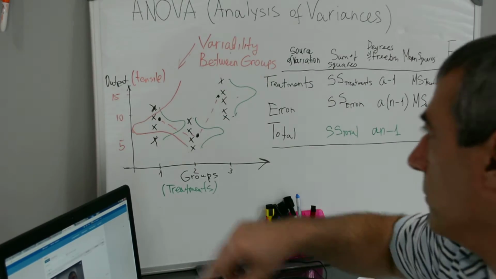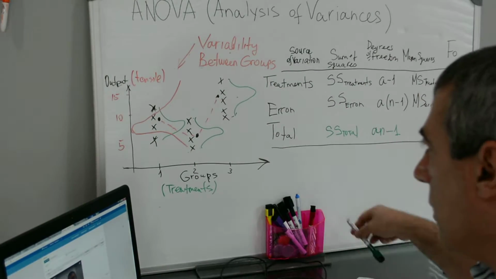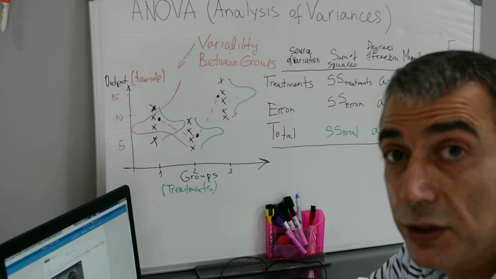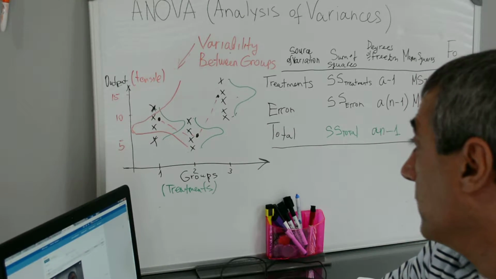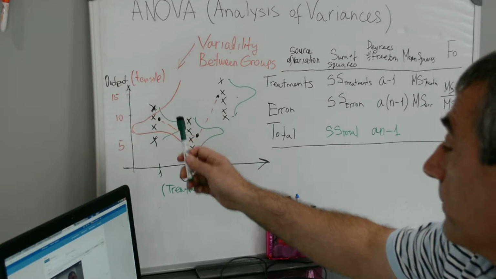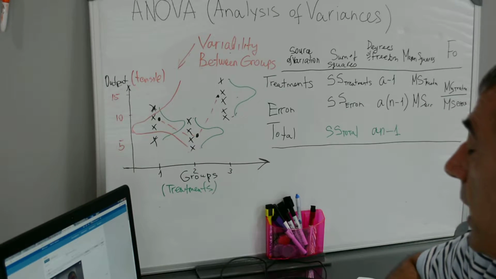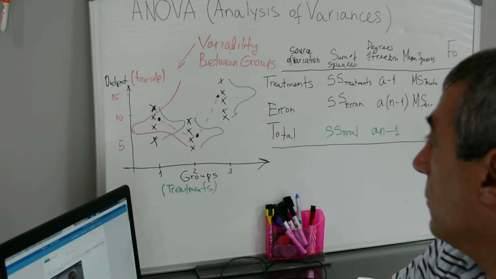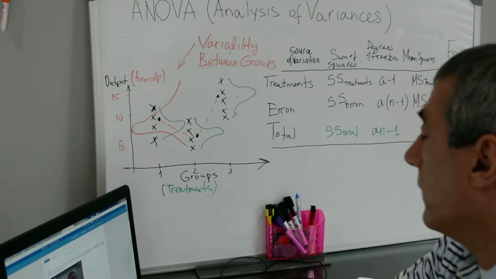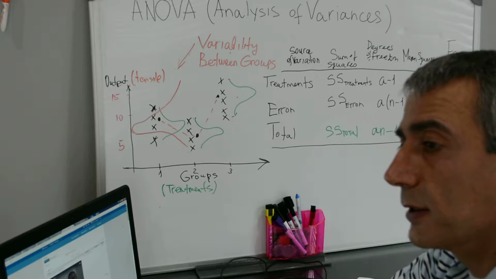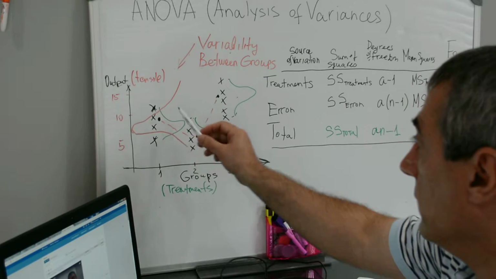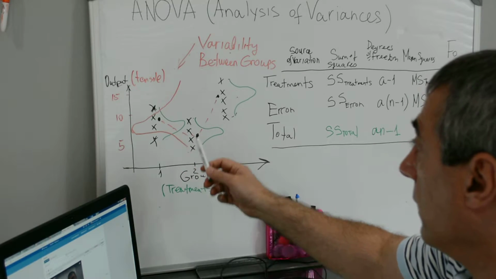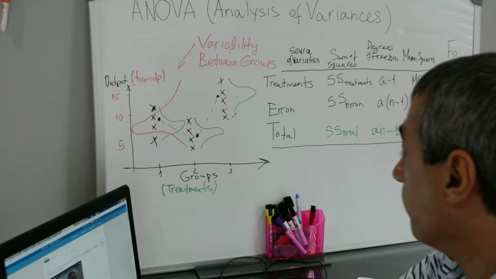On the graph you see the values of three groups, called treatments, plotted, and the task of the ANOVA is to help an analyst or researcher understand whether there is a statistical difference between those treatments.